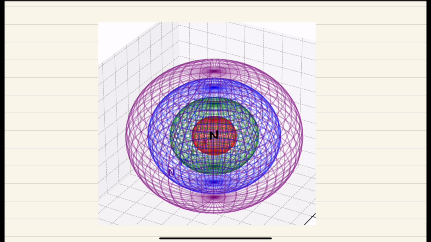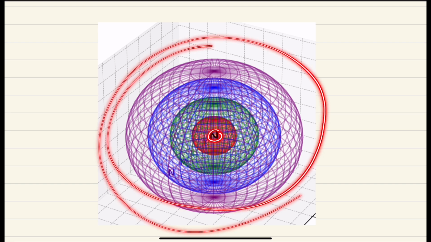Around the nucleus you have concentric cells. See here, the red cell, then a green cell, then a blue cell. Try to imagine in 3D, try to visualize how the cells look.